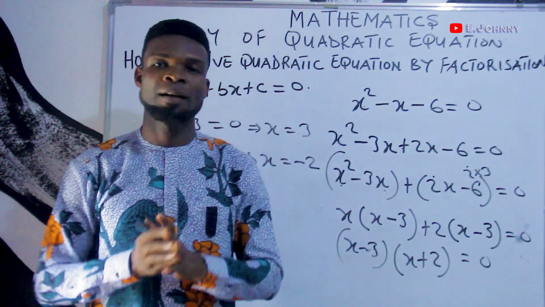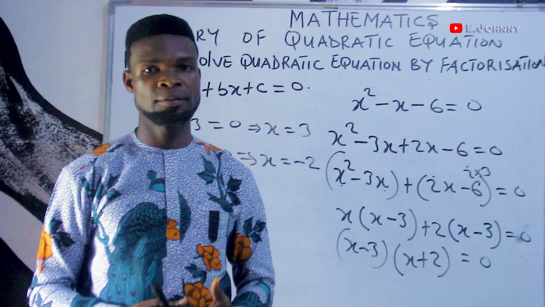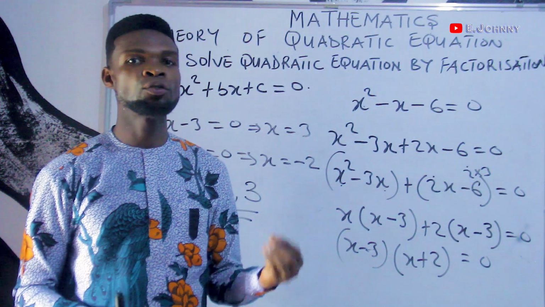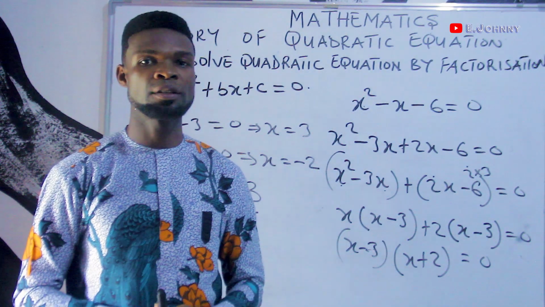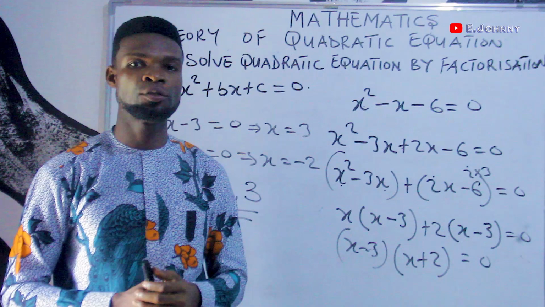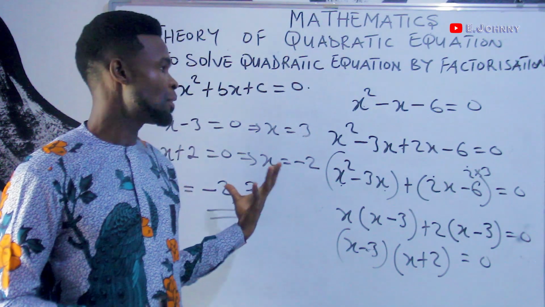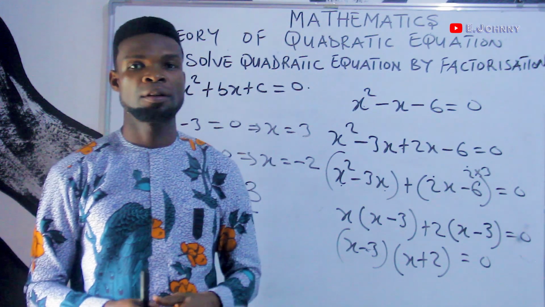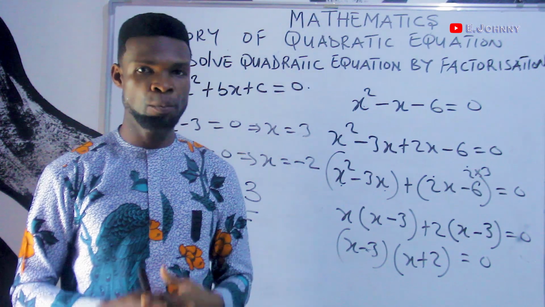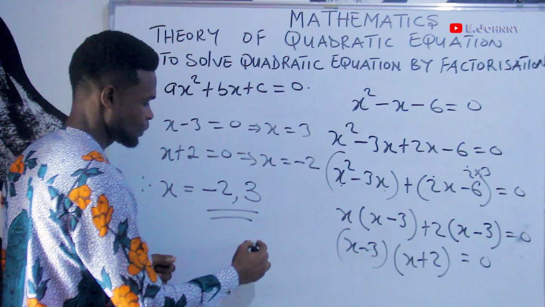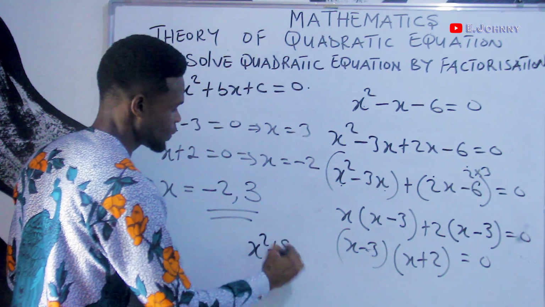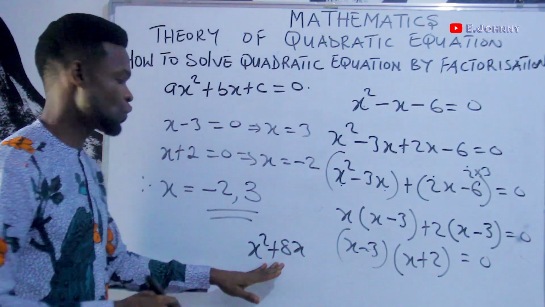Now, I'm going to move to lesson 3, which is use of completing the squares method to solve quadratic equation. But just before I do, to round up this factorization method, I'll still need to introduce something very, very important as this. Let's say I have x squared plus 8x and I want to solve this.